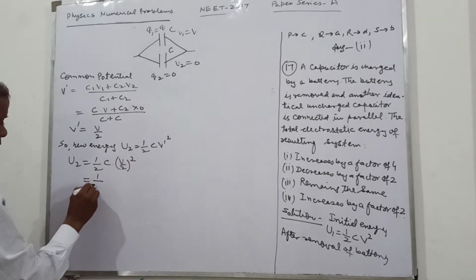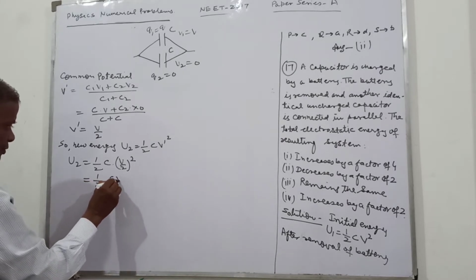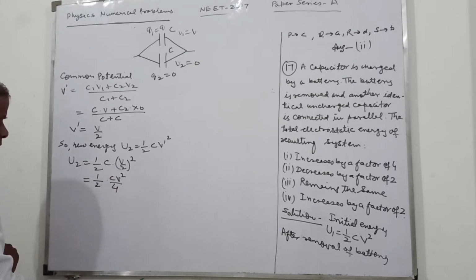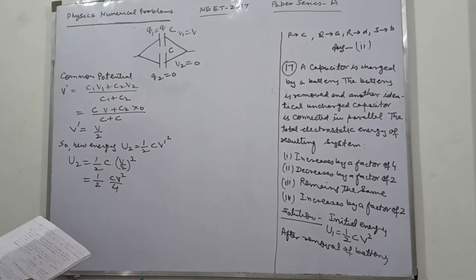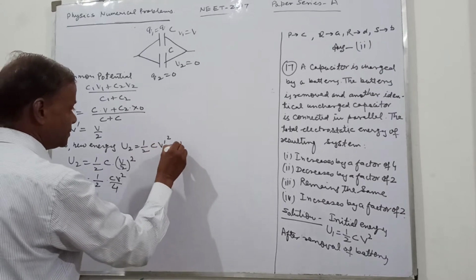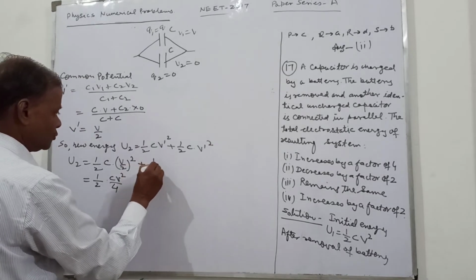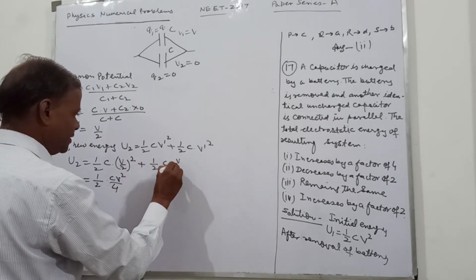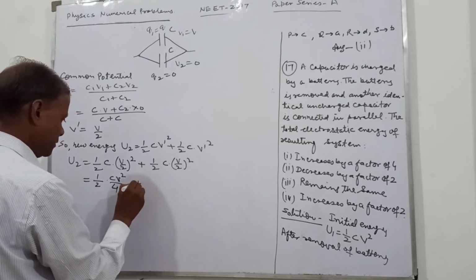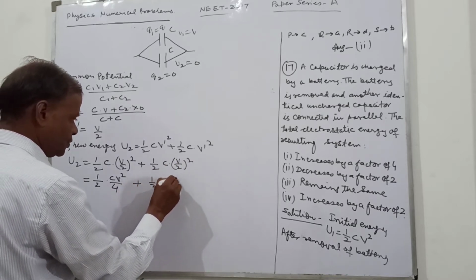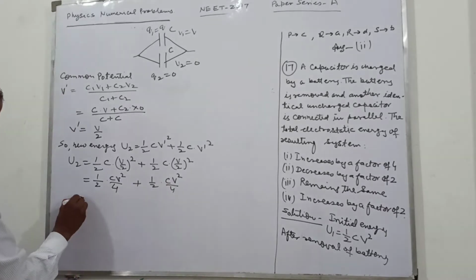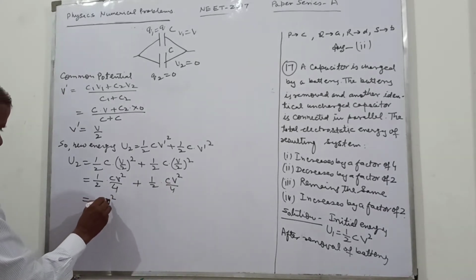For both the capacitors, half C V dash square plus half C V dash square, because we are having 2. So this is half C into V upon 2 whole square plus 1 by 2 C V square upon 4. So this is equal to C V square upon 4.